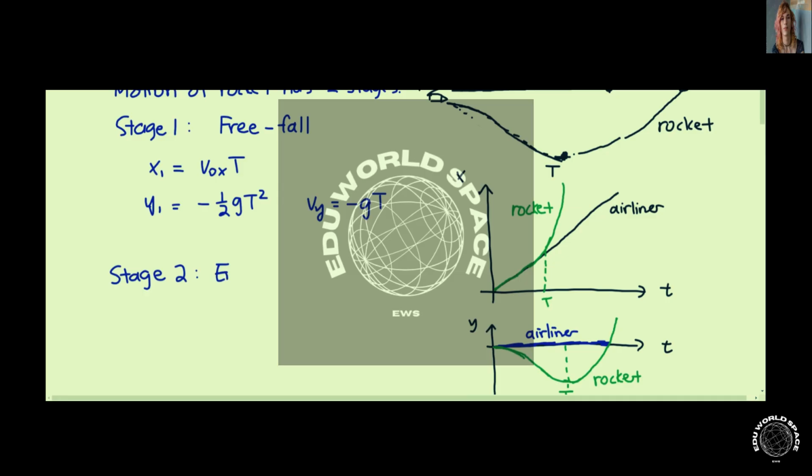And then in stage 2, the engine is switched on. So the acceleration of the rocket is 3g in magnitude. So ax is 3g cosine 30 degrees, and ay is equal to 3g sine 30 degrees.